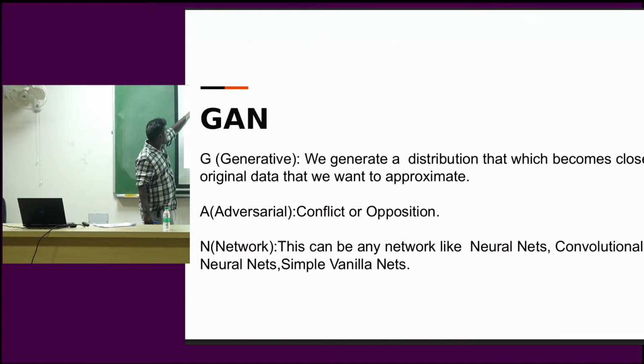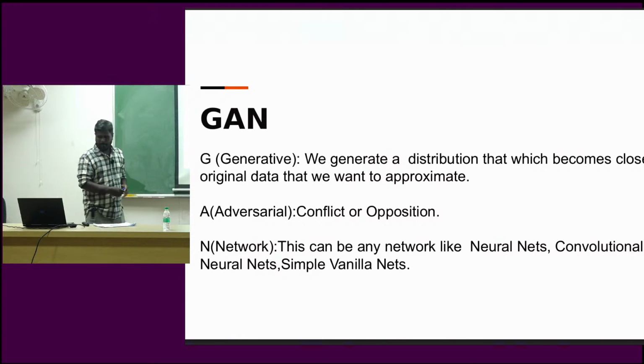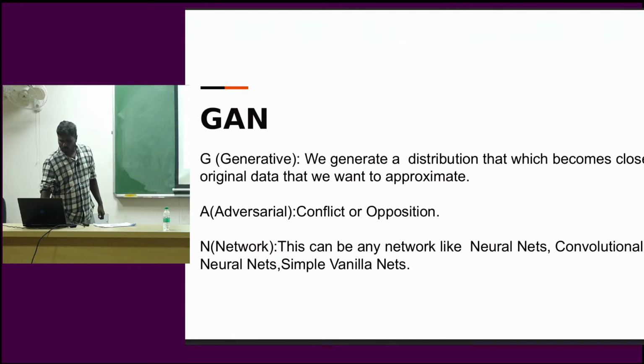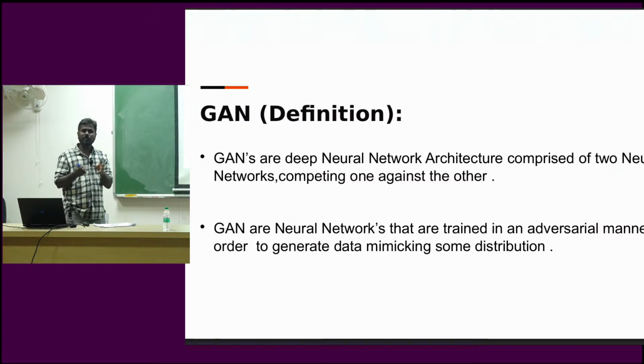G means generative, A means adversarial, and N means network. Basically, a GAN consists of two networks: one is a discriminator, the other is a generative network. These two networks always fight each other.